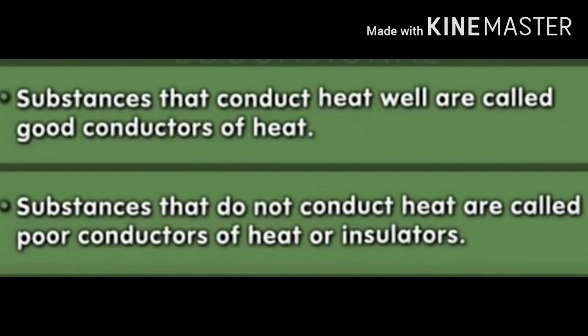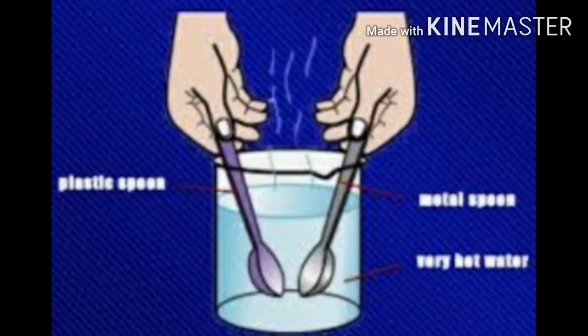Some materials conduct heat easily, whereas other materials do not conduct heat easily. So, on the basis of conduction of heat, all materials are classified into two groups: good conductors of heat and poor conductors of heat. It will become clearer from the following activity.